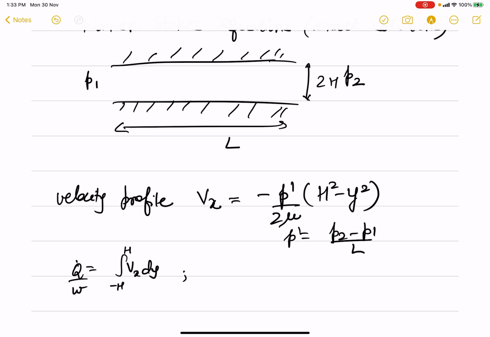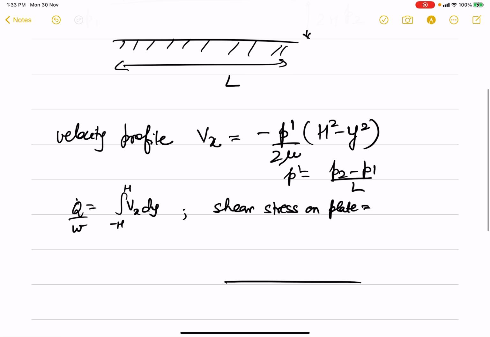And we can also get the shear stress on the plate. Let's see how we find that. The plate is a y face. So the shear stress on the plate will be tau yx because the flow is in the x direction.